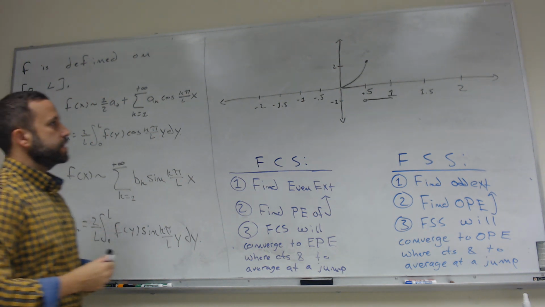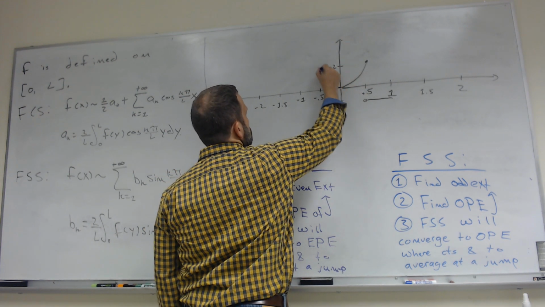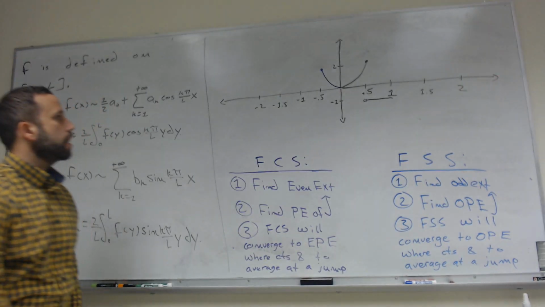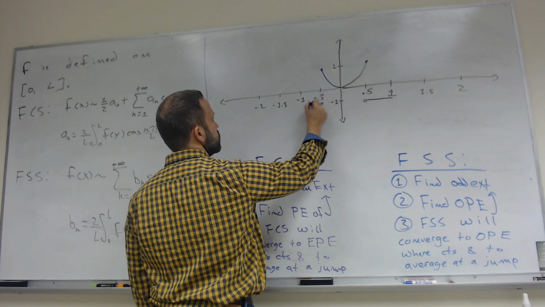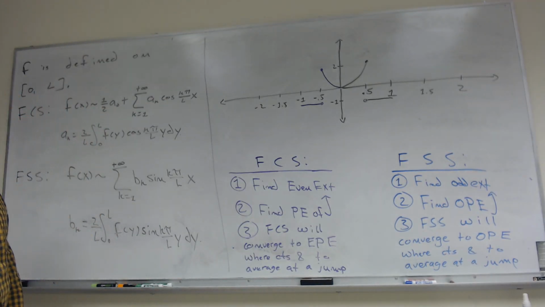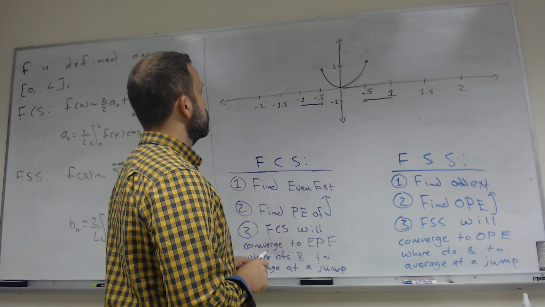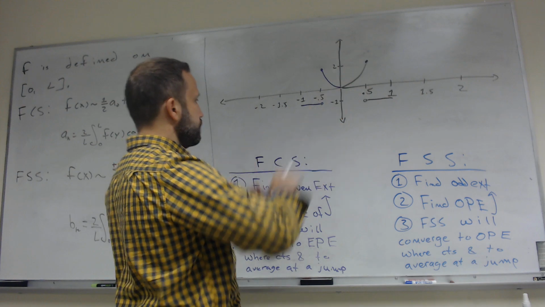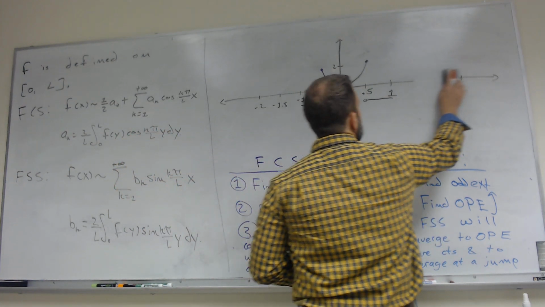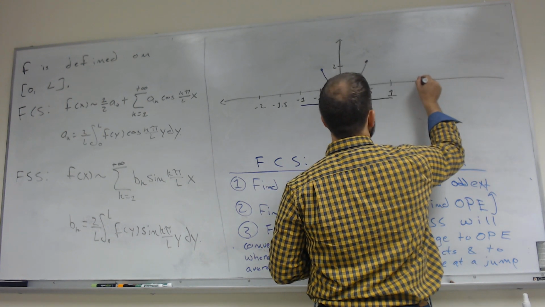So step 1, find the even extension. Okay, so this part is just going to be like that, and that's where the value there goes. And then from minus 1 to 0.5, we'll have something like this. Okay, and now if I want to extend this, so I've got minus 1 to 1, I really need to extend this, so my gaps here are getting too big. Whether or not it's to scale isn't so important, except I need there to be enough room to do what I need to do.